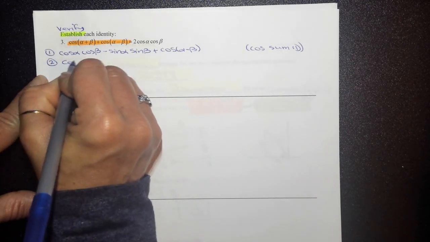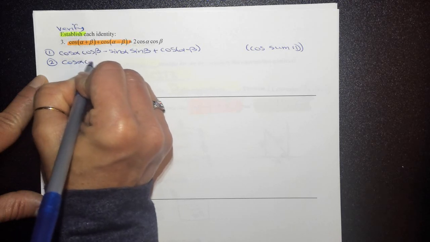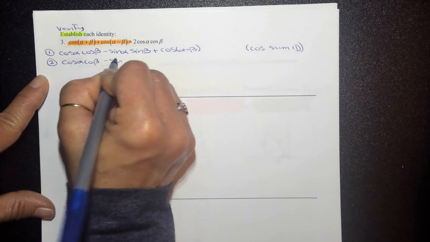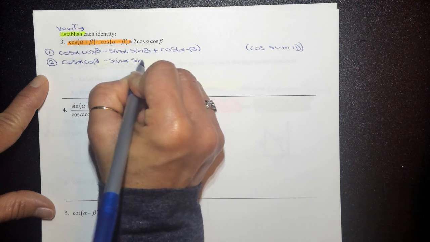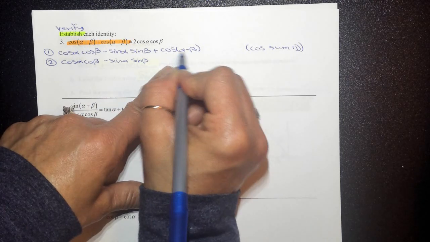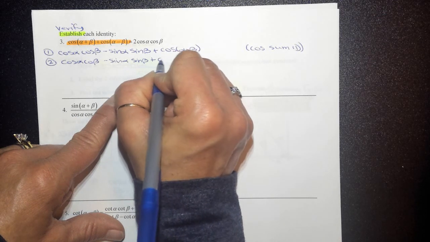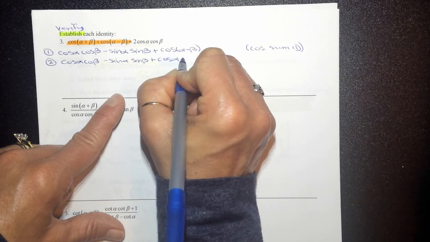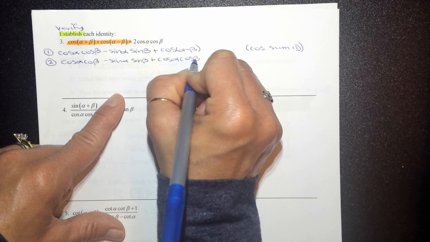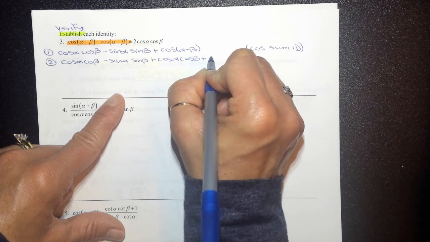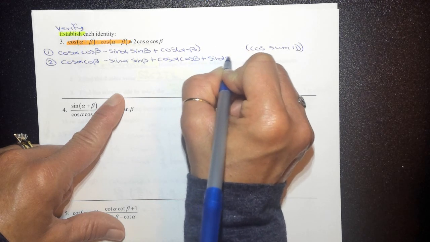So in step number 2, this all has to stay. Cosine alpha, cosine beta, minus sine alpha, sine beta. And now I'm going to establish or put in the difference for cosine. So this is plus cosine alpha, cosine beta, plus sine alpha, sine beta.